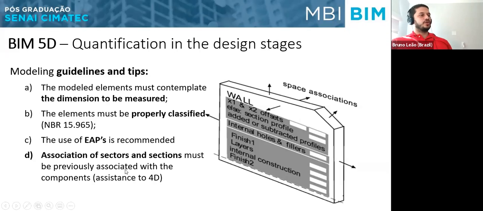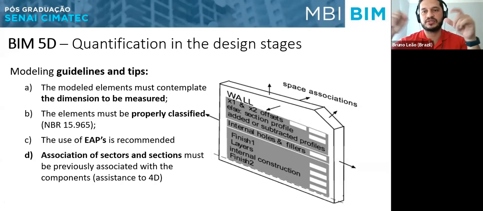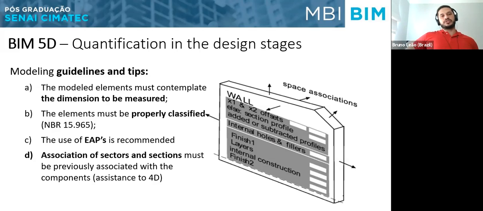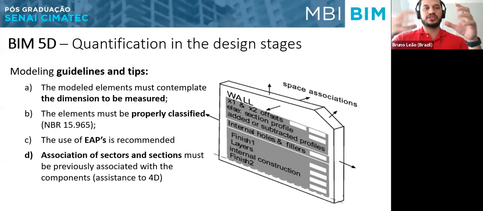The association of sectors and sections must be previously associated with components. It's to help us construct our budgets. If we are thinking about a complex of buildings, five towers, or a complex of 200 houses, and we are going to do this budget thinking only of the square meters of floors that we are going to build in this complex, we have to have some kind of association with sectors or sections.